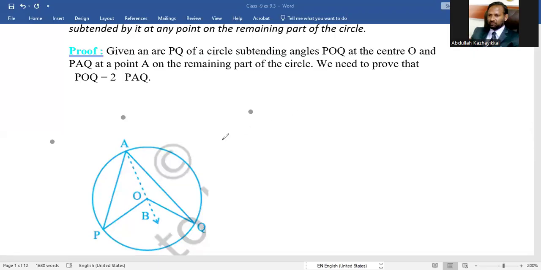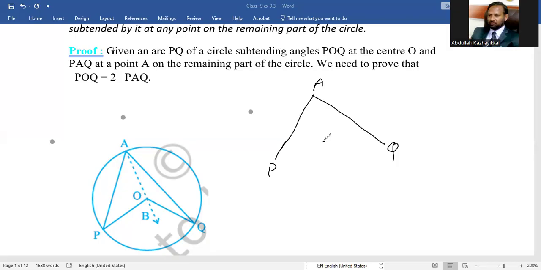Here, I am taking this triangle outside. It is actually inside the circle. One is here, another is here, no radius. Then after that, you can see this is A, this is P, this is Q. Look at the figure, all of you.